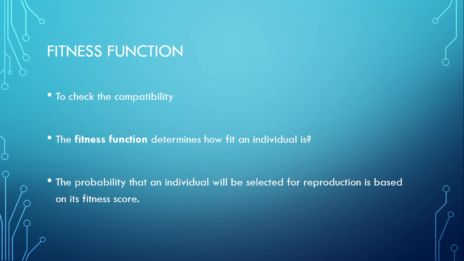So, if I have to create the word make, and I am taking the individual take, and the other is ABCDE, then the fitness of ABCDE would be 2, and the fitness of take will be 3. So I will choose the one which has a fitness of 3, which is take, of course. That's what the probability means: the one which has the higher fitness score, we will choose.